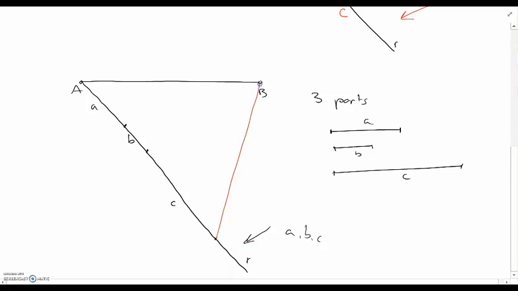I draw a line from the last point, which can be C, to the edge of segment AB, and I draw parallel lines from this point and from this point.